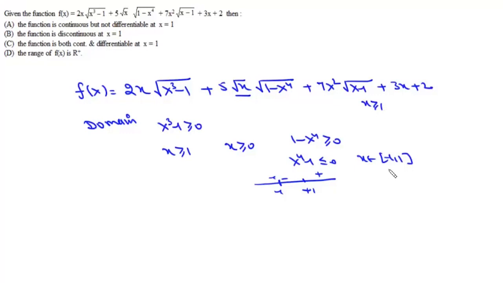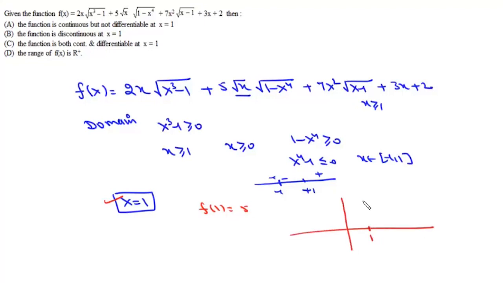Now if we take the intersection of all these intervals, then this function is defined at only one point. So this function is defined only at x equals 1, and the value of this function at 1 is, now this is 0, this is 0, this is 0, and 5. So basically this function is defined only at this point 1, and at this point its value is 5. So it is an isolated point.